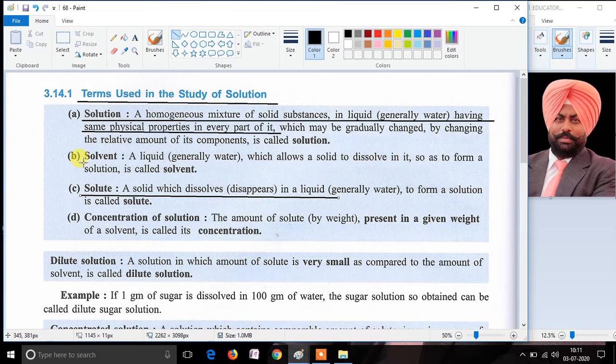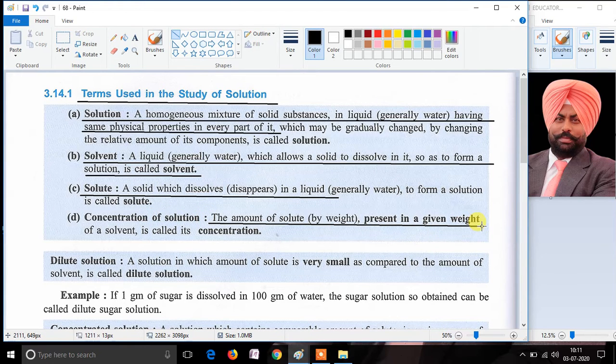The liquid in which usually the solid is dissolved is called the solvent. And the amount of solute present in a given weight of the solvent is called concentration. For example, if we are adding 10 grams of salt in 100 milliliter of water, we can say that the concentration of the solute is 10 grams for 100 milliliter of water.